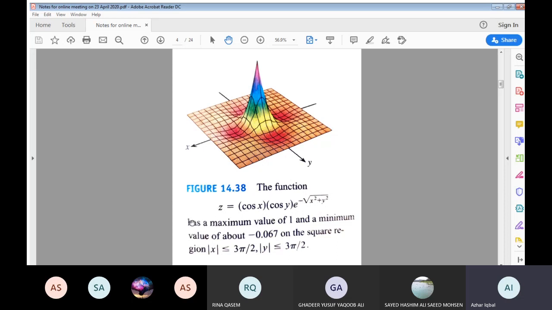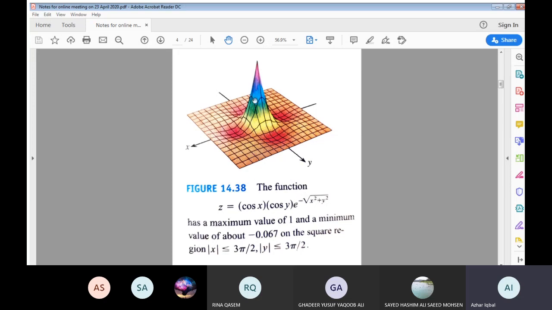This function has a maximum value of 1, which you can see from here as well, because the product of these two terms can go at most to 1. And this last term is a number which achieves a value of less than 1.